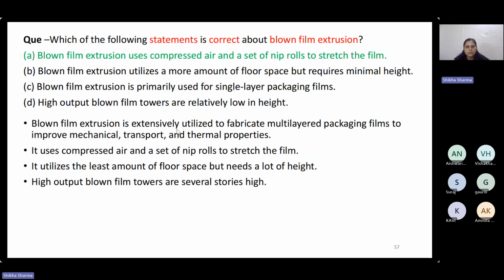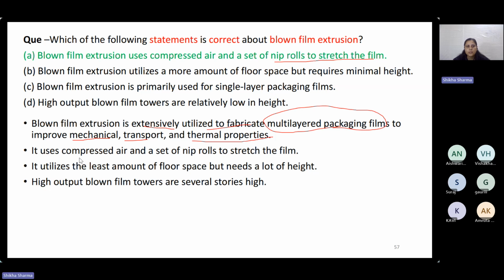The blown film extrusion basically uses compressed air and a set of nipples to stress the film. Blown film extrusion is extensively utilized to fabricate multi-layered packaging films so that properties like mechanical, transport, and thermal properties can be improved.